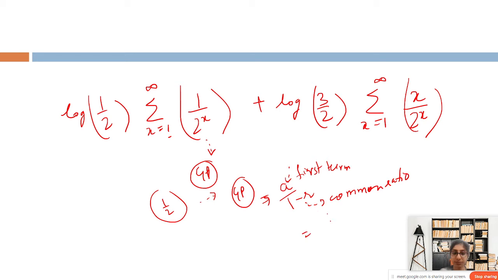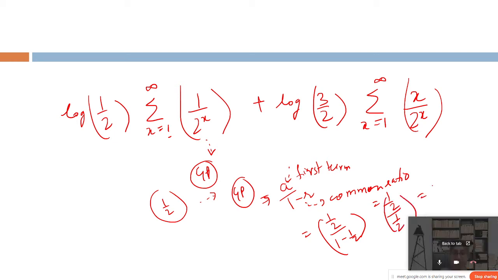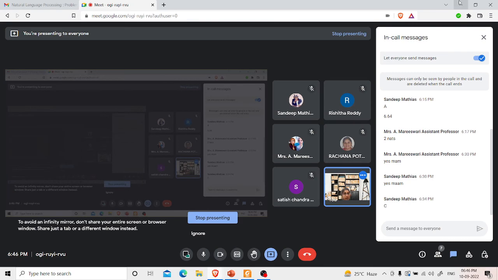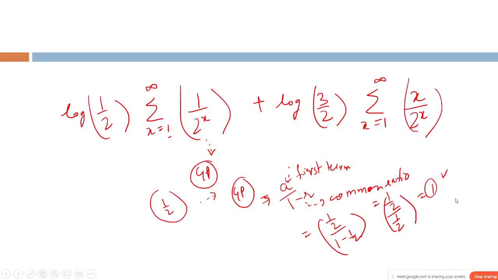So this becomes 1 by 2 upon 1 minus 1 by 2, that is 1 by 2 over 1 by 2. This comes out as 1.